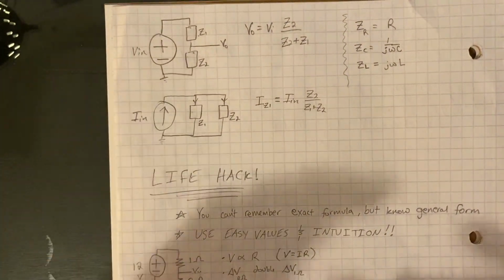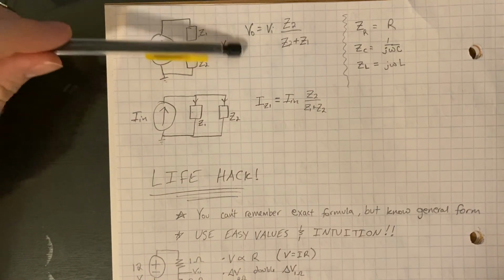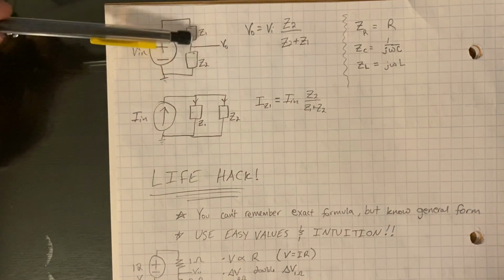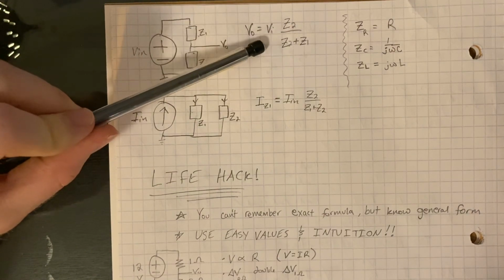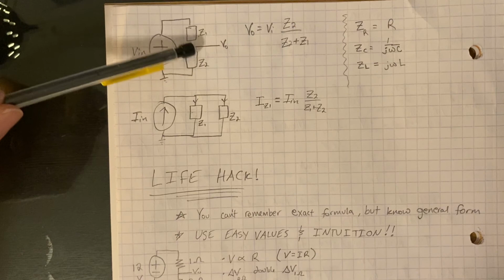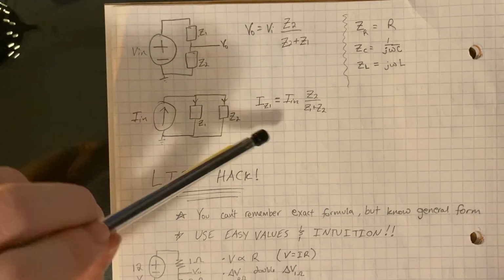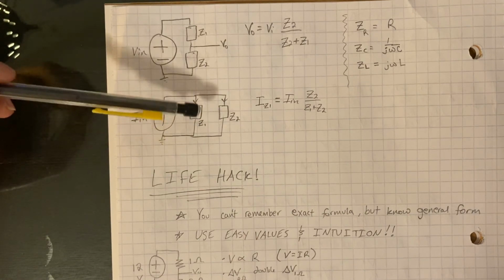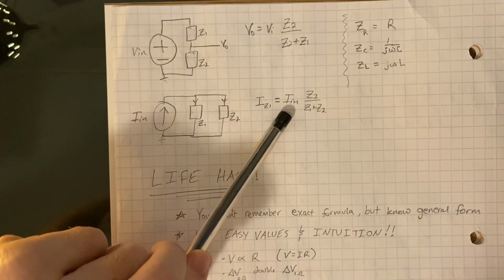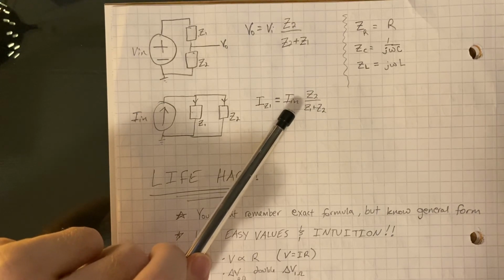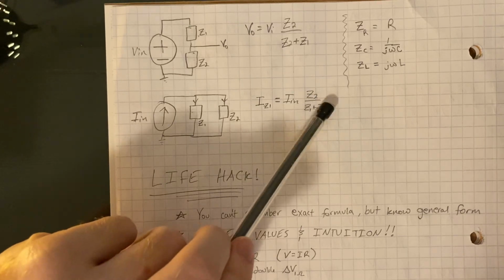Here's the voltage division problem. We're looking for the voltage out, we're calling it, which is really just the voltage across this impedance. And we know that that's Vin times the impedance in question over the sum of the impedances in series. And if we're looking for the current through, say, Z1 here, we know it's just the total current seen by the parallel combination times the impedance not in question over the sum.